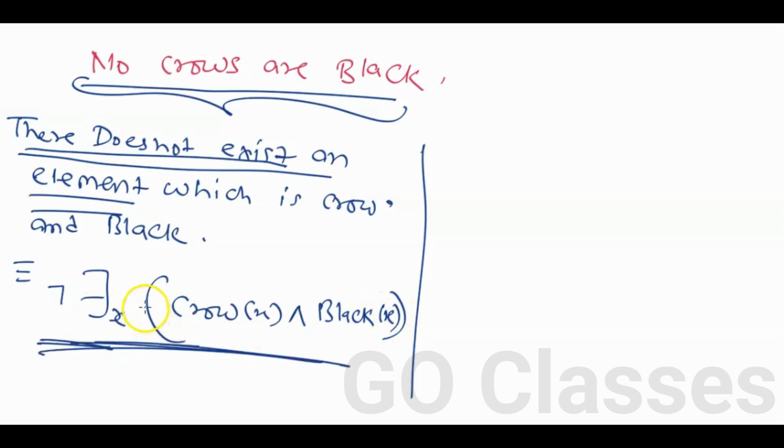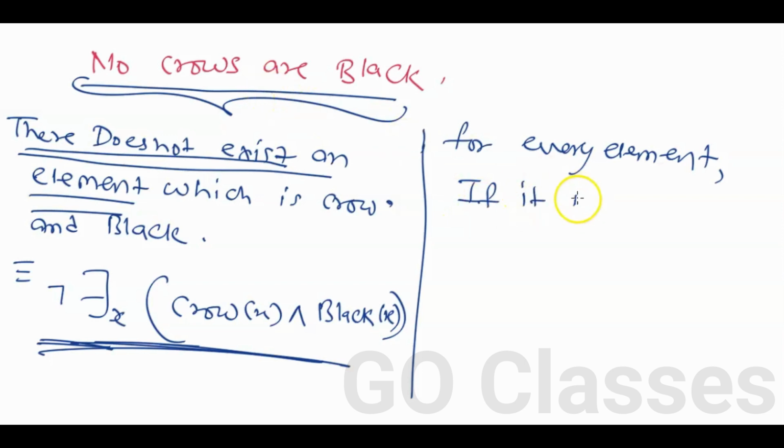This is a correct translation, and there is another translation possible. This is saying no crow is black. So I can say that for every element, if it is a crow then it is not black.